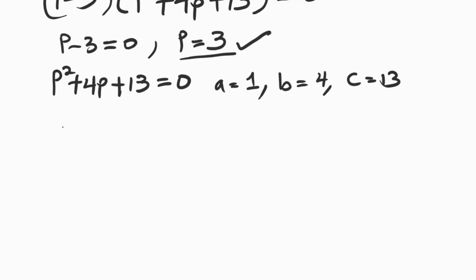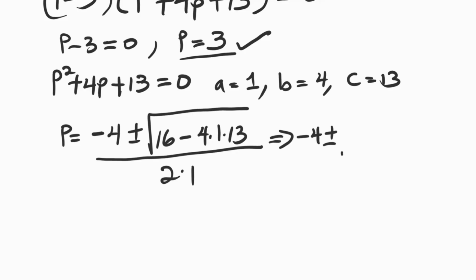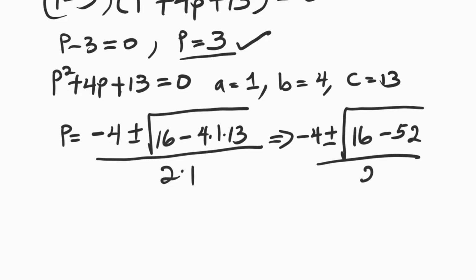So we have that p is equal to minus b plus or minus root of b squared minus 4ac divided by 2a. So this becomes minus 4 plus or minus root of 16 minus 4 times 13, which is 52, divided by 2.